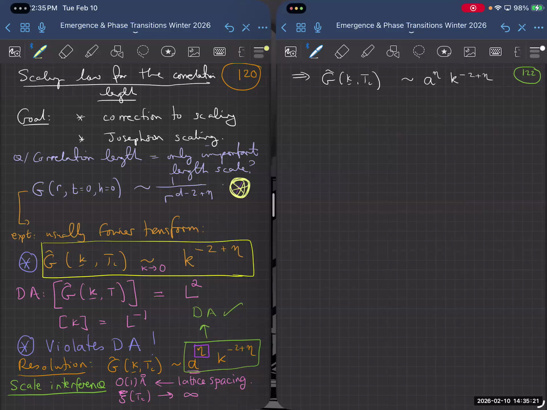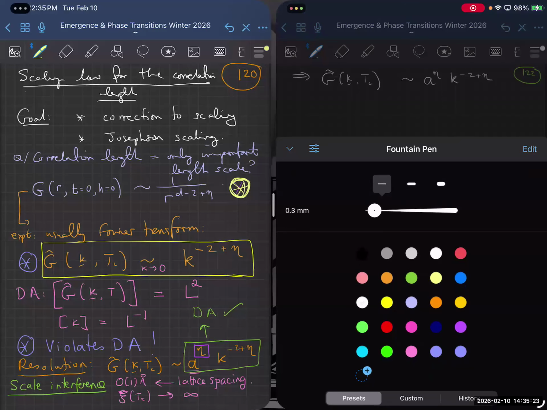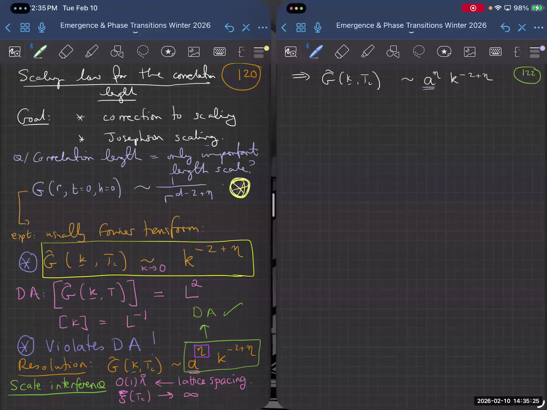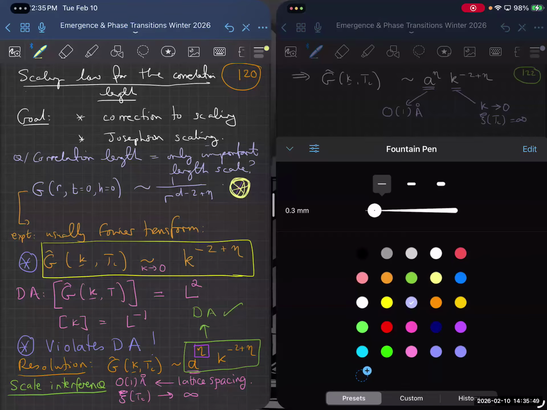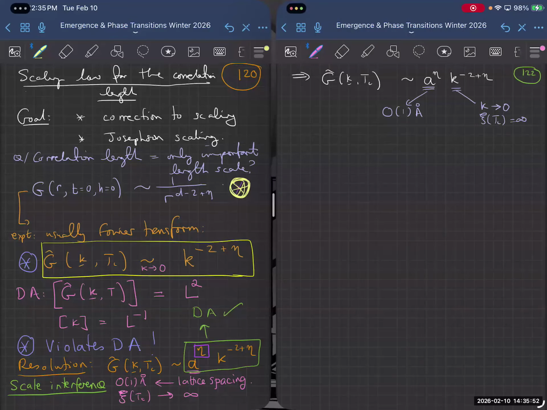Now with this combination, even though a is of the order of 1 angstrom, the correlation length has gone to infinity, and here we're looking at the long wavelength limit, so k in principle is going to 0. This resolution, this hypothesis, then restores dimensional analysis.